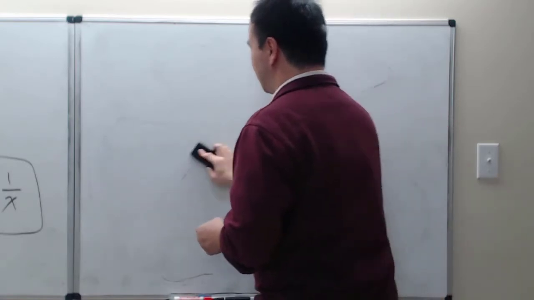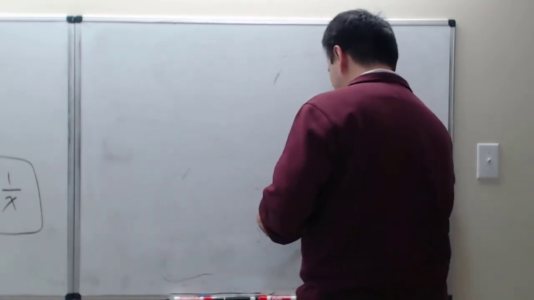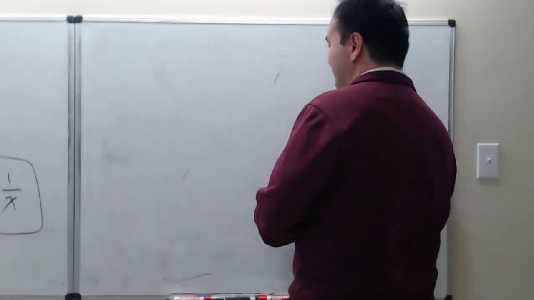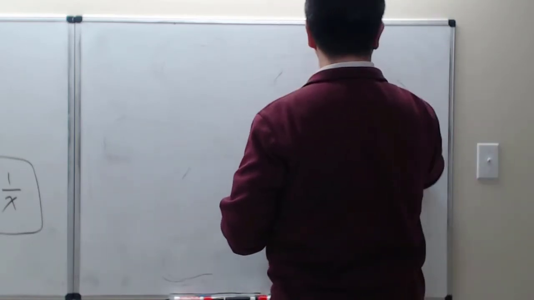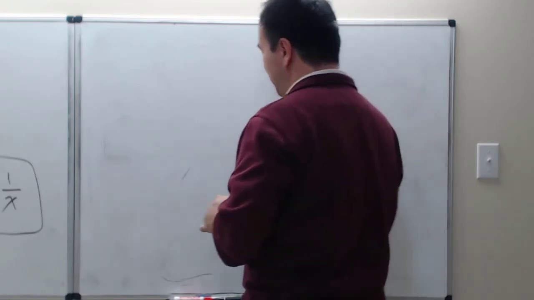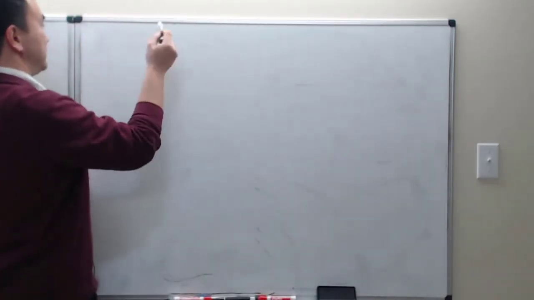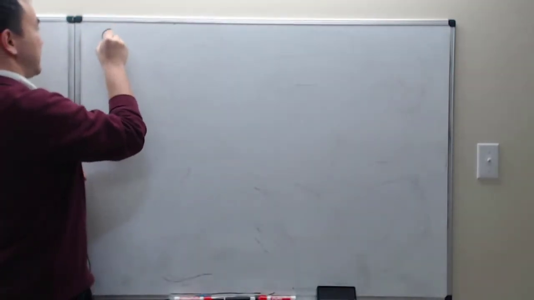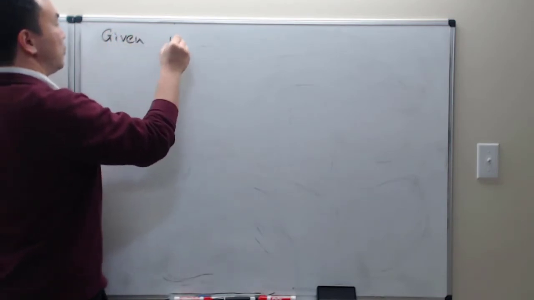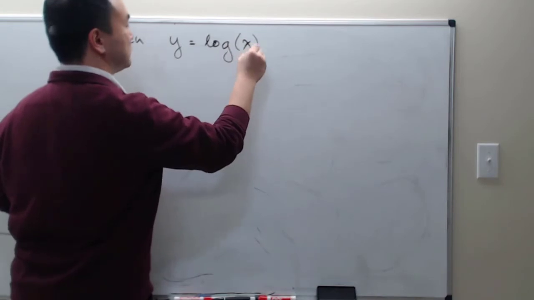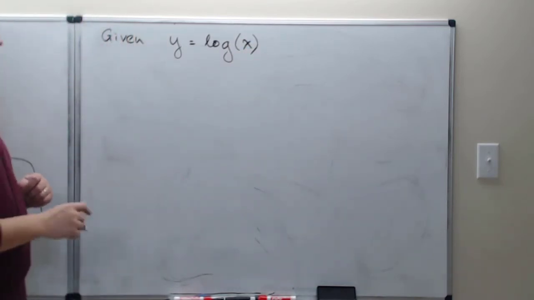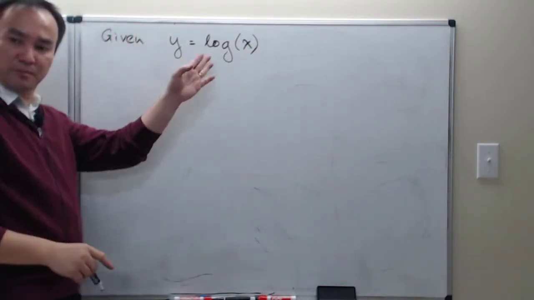All right, and now let's recognize a few special ones. Say we're given, how about y equals log base 10 of x. Skipping the base here means it's log base 10.